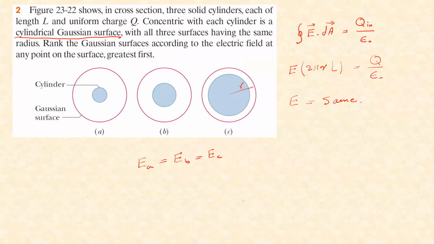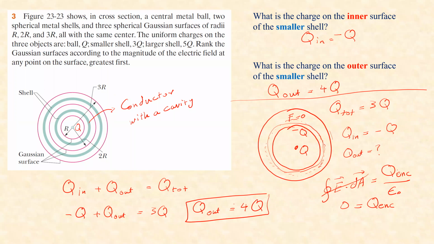And then we have this shell as a conductor with a cavity, because there's thickness here. On the inner surface, therefore, it is negative of what is inside the cavity.